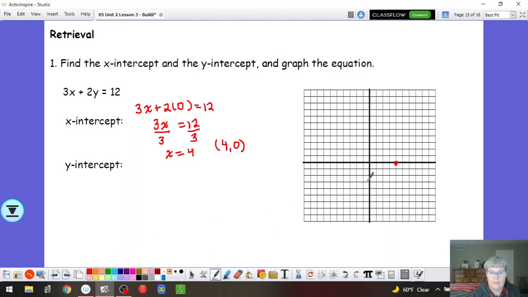For the y-intercept, that's going to be on the y-axis. The x value of any point on the y-axis is 0. So this time we'll take our equation, replace x with 0, and solve for y. So that leaves us 2y equals 12. Divide both sides by 2, and y equals 6. And since we use 0 for x, our ordered pair is (0, 6).